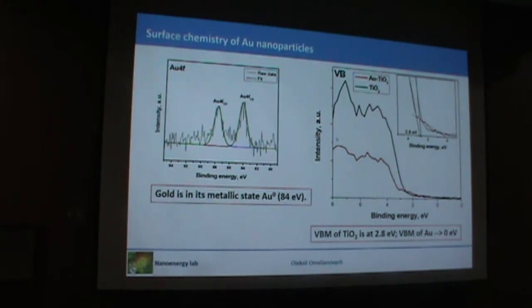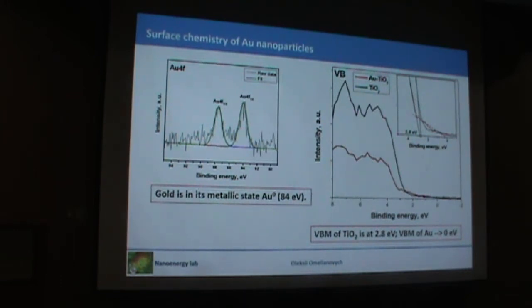As additional proof, I also recorded the valence band spectrum of the same sample. As a reference, there was titanium dioxide without nanoparticles, and my sample is Au/TiO2, so gold nanoparticles on the surface of titanium dioxide. You can see that there is a certain tail in the area approaching the Fermi level, which is 0.